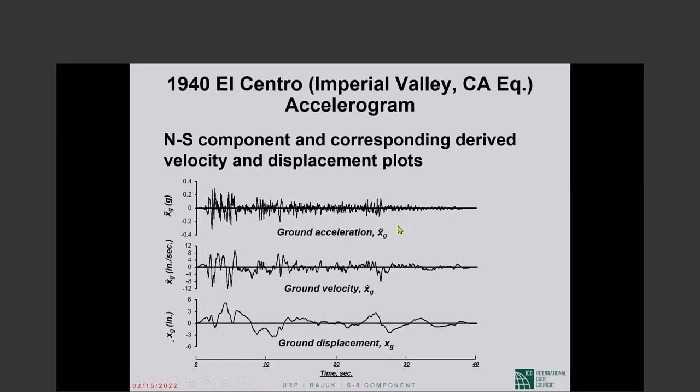The top is the acceleration, the accelerogram of the north-south component of the ground motion. Okay, so there was a northeast component measured and an east-west component measured, the history of which would look different, and a vertical component also measured. What we are showing you is the north-south component.